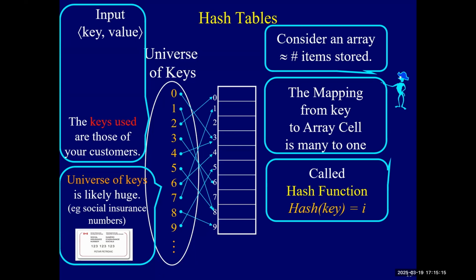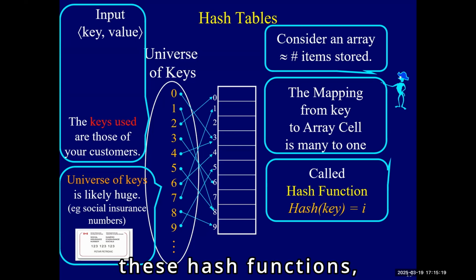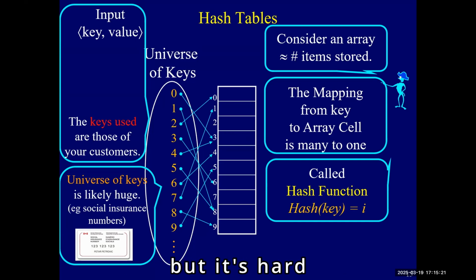Does that make sense? And one property of these hash functions, which we don't need here, is that it's hard to invert them, right? If I know the index, it can be hard to get the student number, right? Everybody good with that?